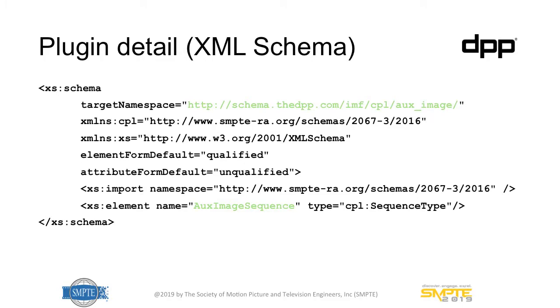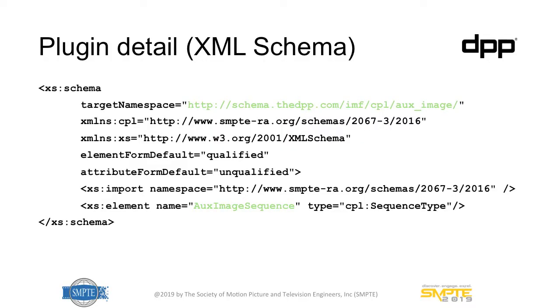Yeah, so this is the technical part in a way. So what you're looking at here, it's obviously a bit of XML. The reason for this is not to read this line by line, but just to show you essentially what the plugin definition looks like.